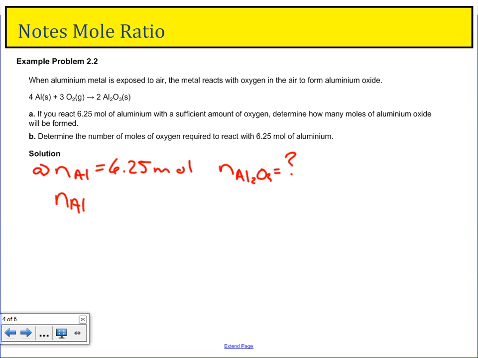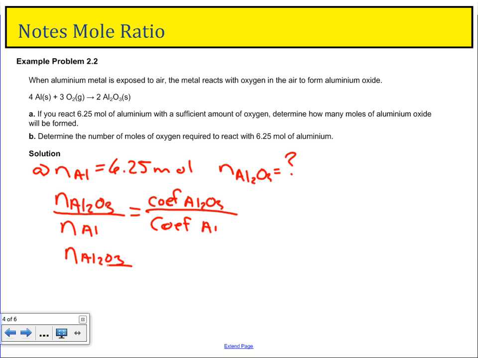Our required is Al2O3 over the number of moles of aluminum that I'm given, which is equal to the coefficient of Al2O3 over the coefficient of aluminum. So the number of moles of Al2O3 over the number of moles of aluminum, which I know is 6.25 moles, will equal, if I look up here, I'm given aluminum, I'm required to find Al2O3, so this becomes 2 over 4.